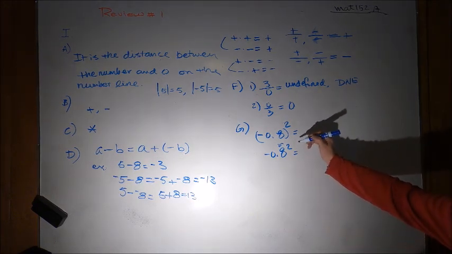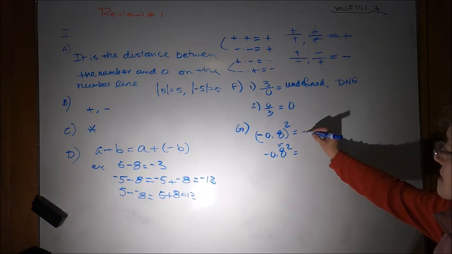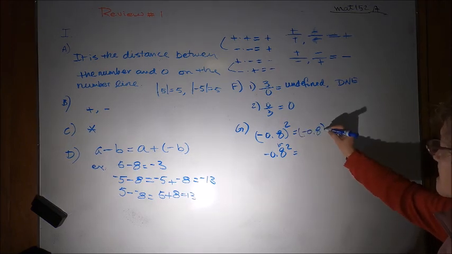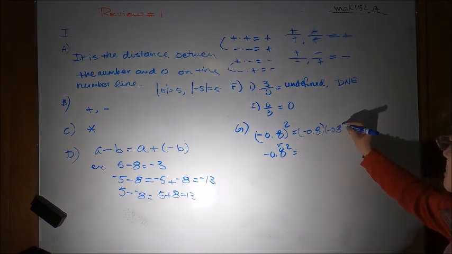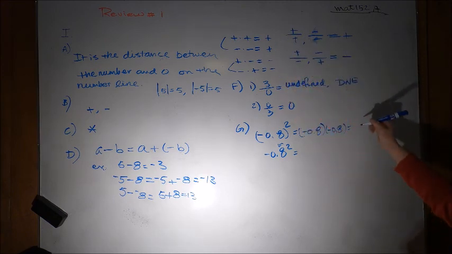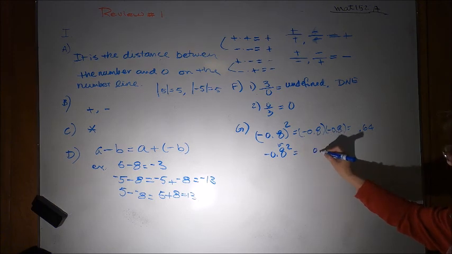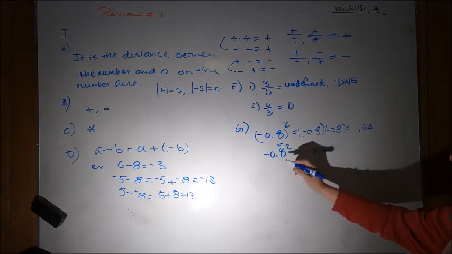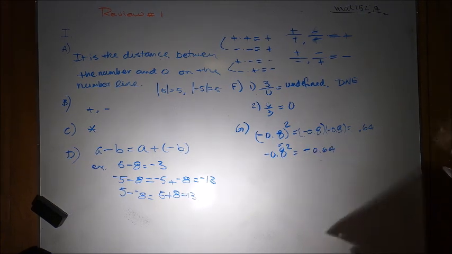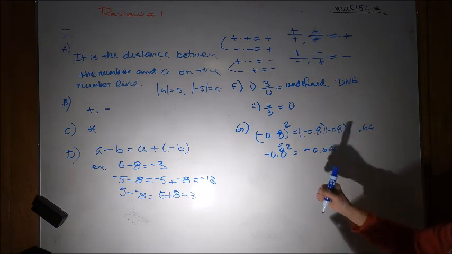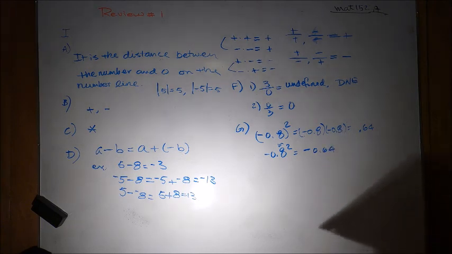So this one means negative 0.8 times itself twice. Negative times negative, same signs, will be positive. 64, 8 and 8, but 2 decimal places, so this one is 0.64. But the second one you attach the negative sign to it, right?